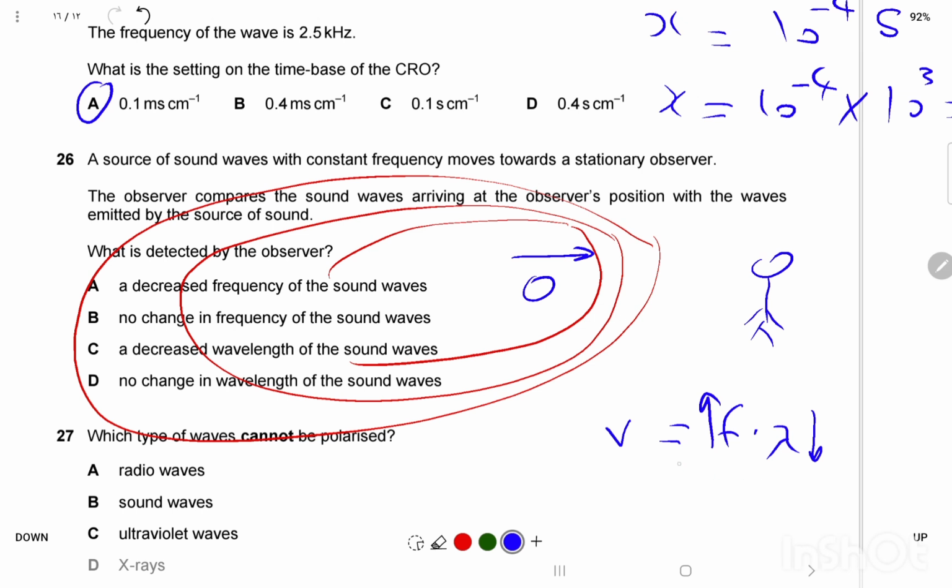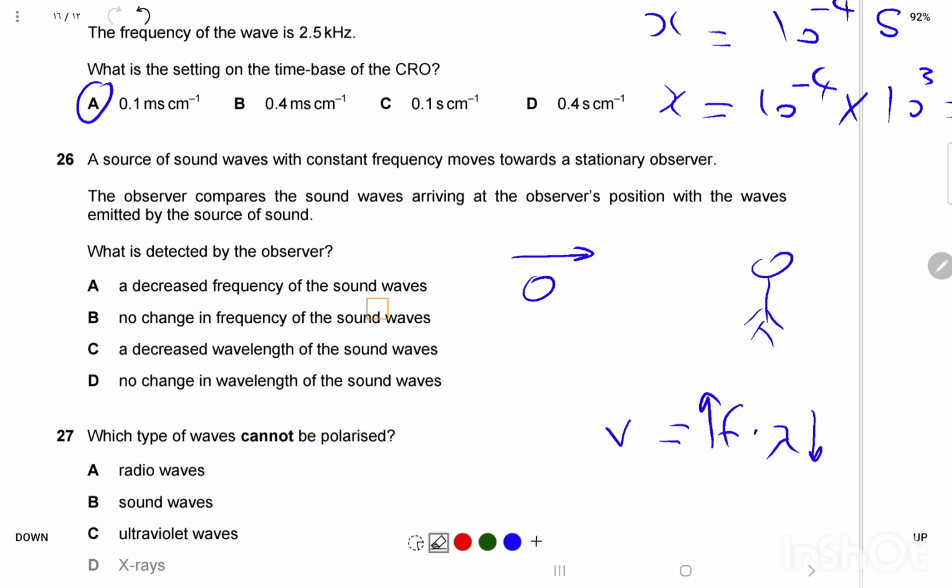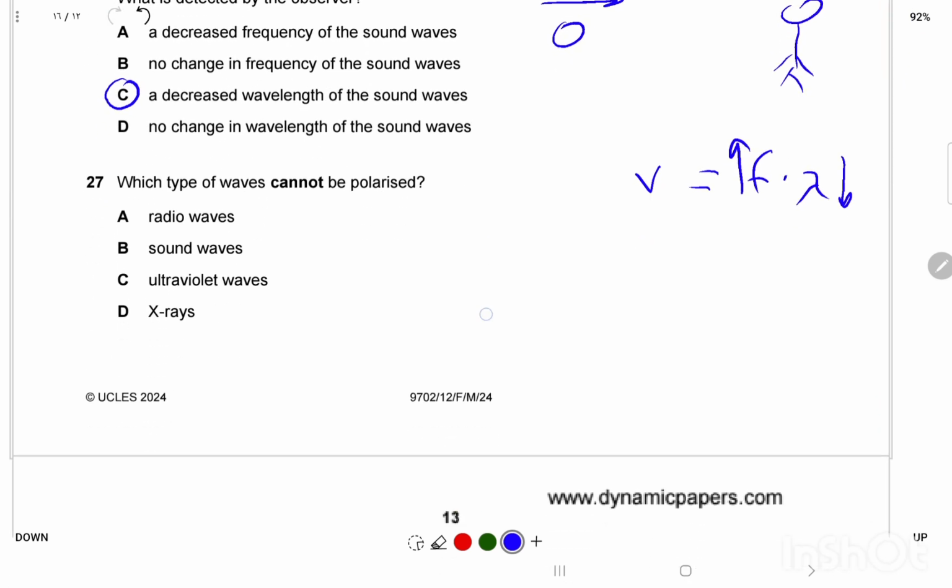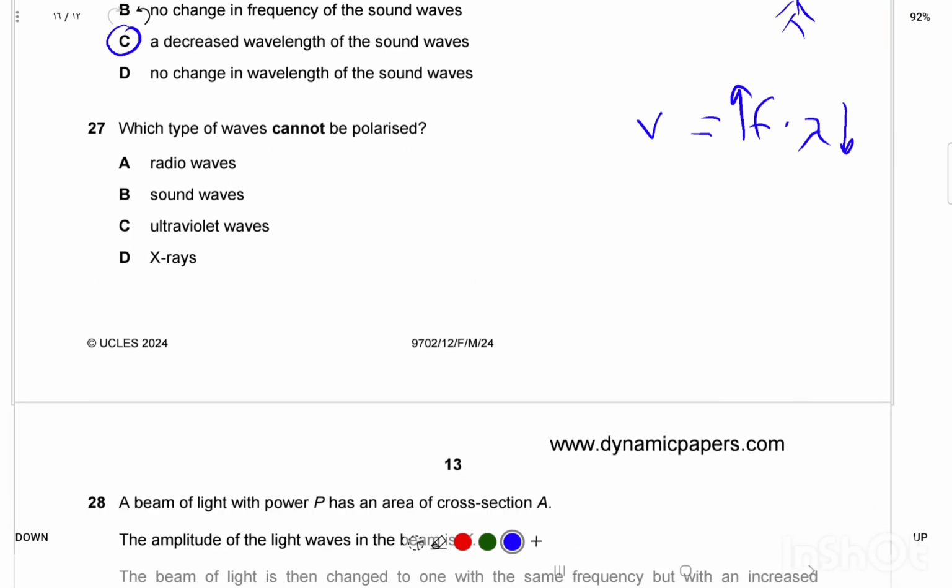So he will receive decreased wavelength, which means option C is the correct answer, decreased wavelength of the sound waves. Question 27. Which type of waves cannot be polarized? Clearly, sound waves cannot be polarized. So option B is the correct answer.